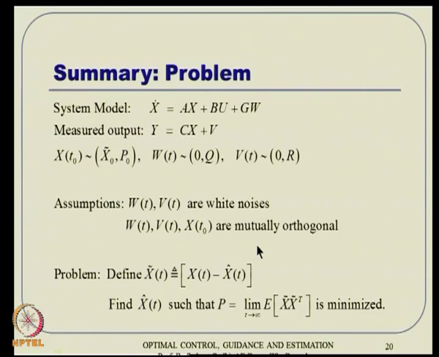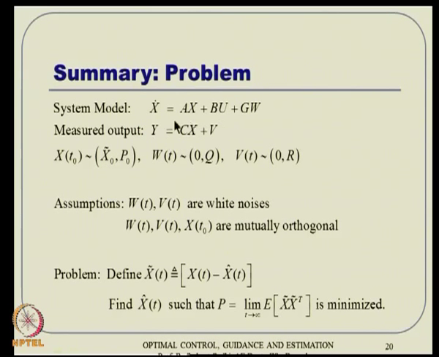So the summary is something like this. You have got the system model, which is x dot equals Ax plus Bu plus Gw, and we have got a measured output, which is y equals Cx plus v. You have an initial condition, process noise, and sensor noise.